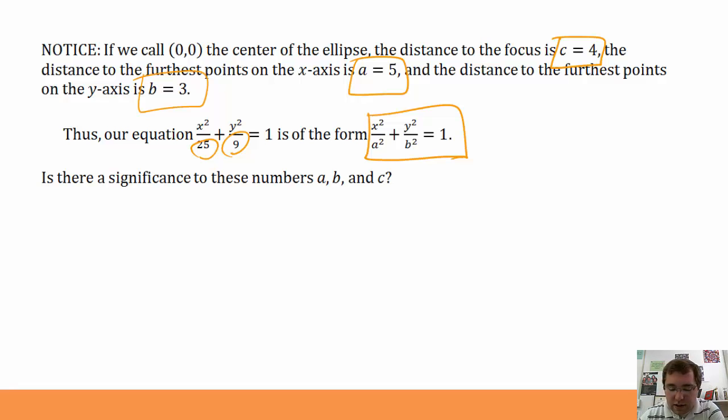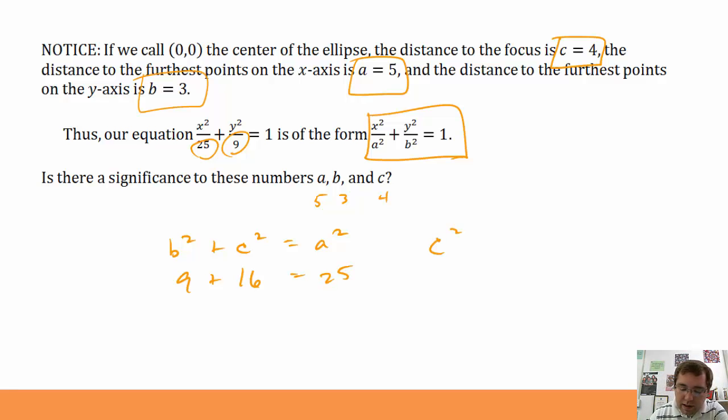Is there a significance to these numbers a, b, and c, where a is 5, b is 3, and c is 4? Yes, there is. If you think of geometry, these numbers form a Pythagorean triple: 3, 4, and 5. So it would be the case that b squared plus c squared equals a squared. 9 plus 16 equals 25.